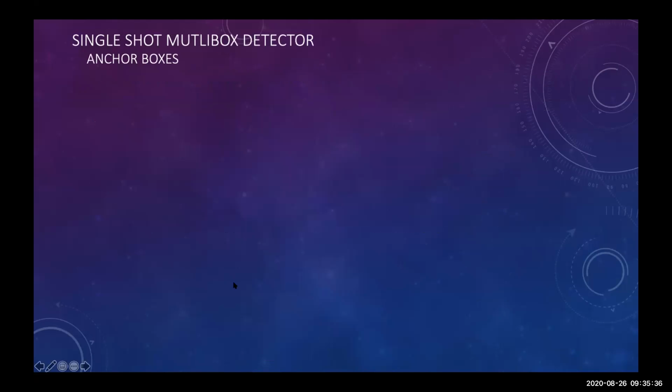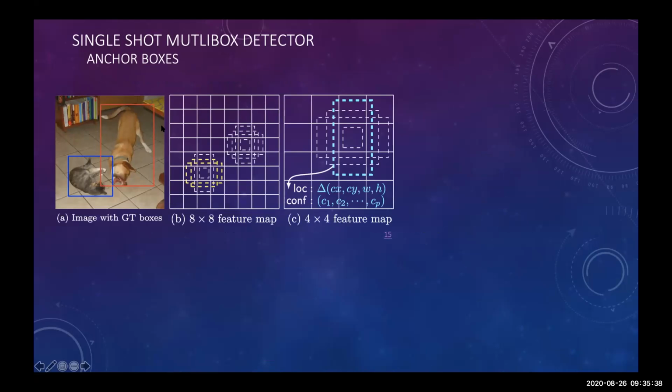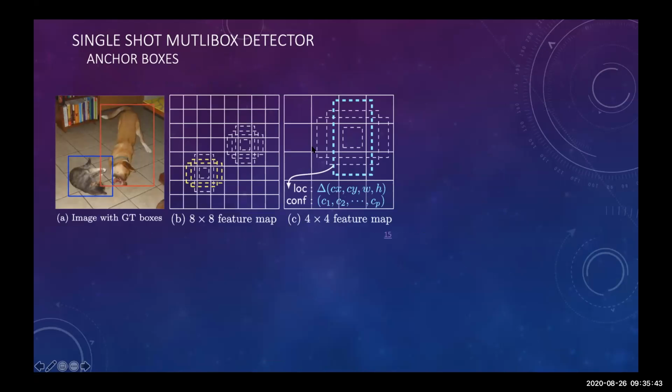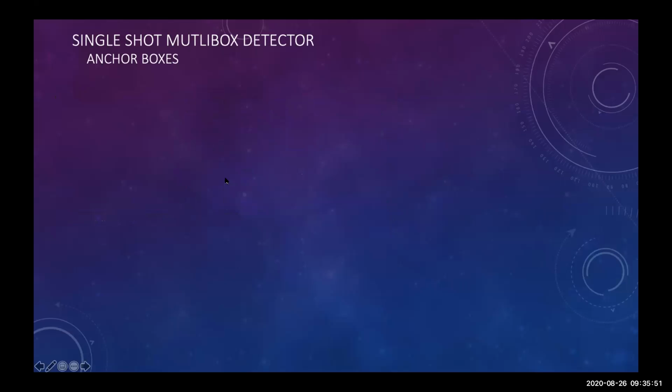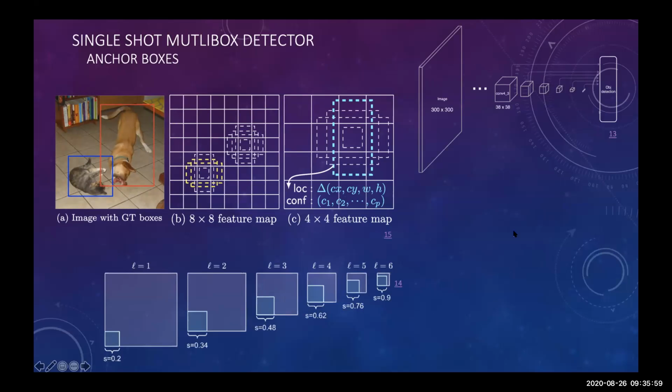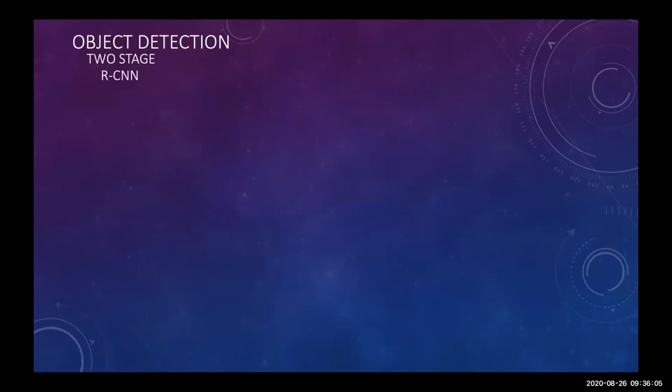You can see how the smaller feature maps are better for recognizing the larger objects, and the larger layers are better for recognizing the smaller objects. They get really creative in the way they create all these candidate bounding boxes. And remember, this is no region proposal network.